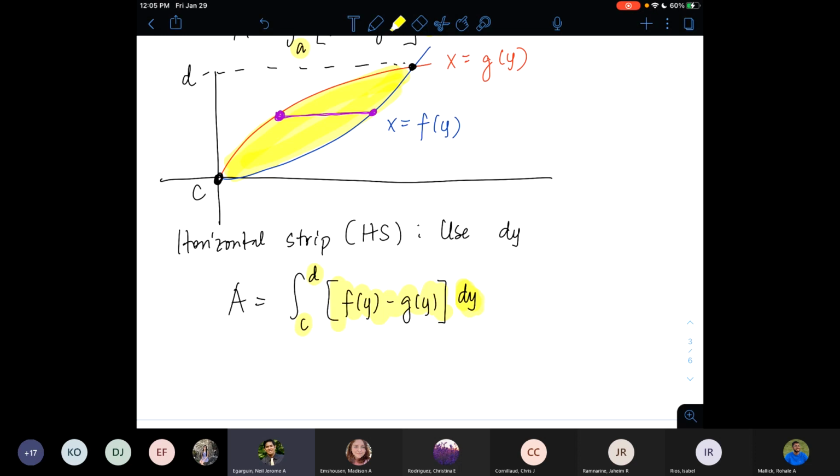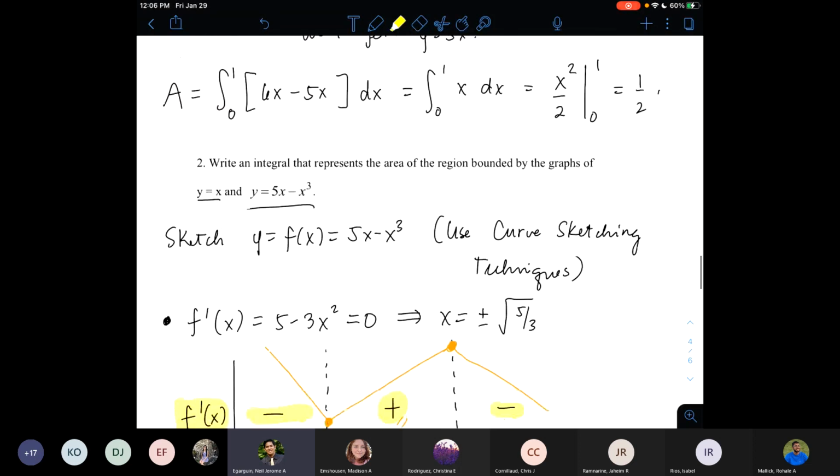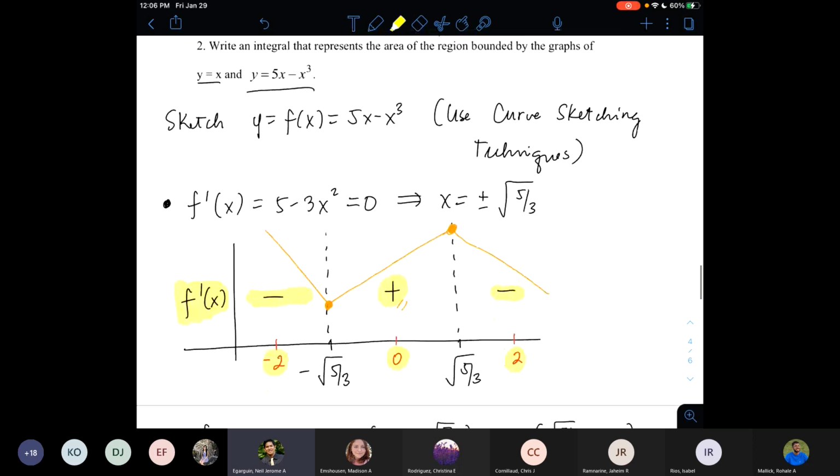Okay? And I guess we have done an example last time featuring this obscure looking triangle. And we found the area to be 1/2. And then I guess we started answering problem number 2. It's just that, at least for me, y equals 5x minus x cubed is not an easy cubic function.